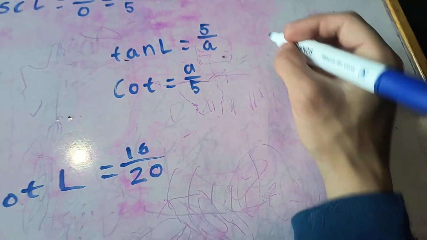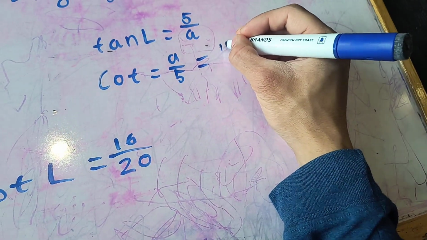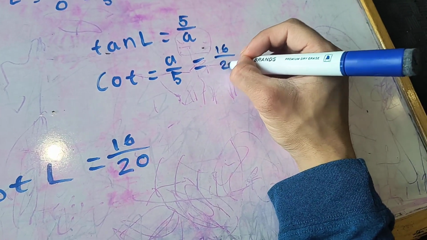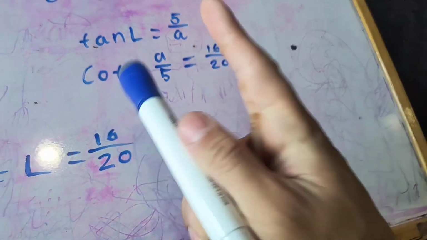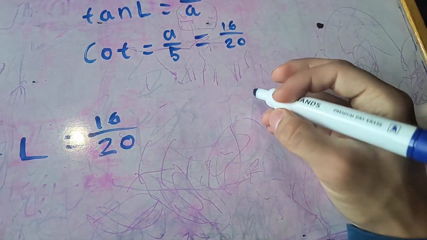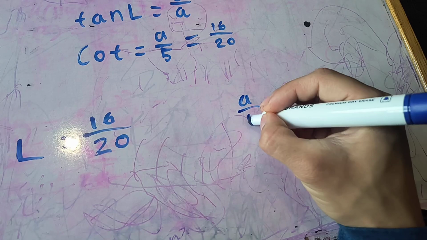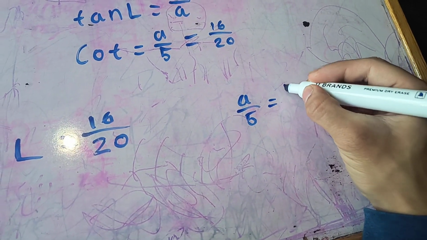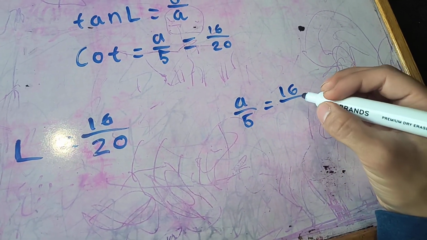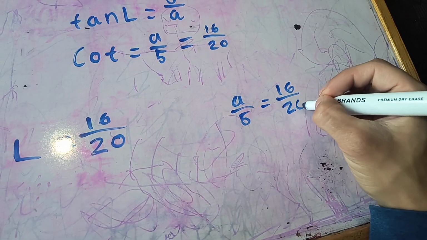So this thing is going to be equal to 16 over 20. Or let me write it down here. So A over 5 is equal to 16 over 20.